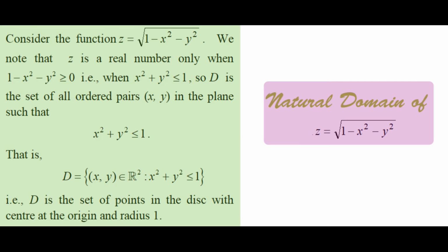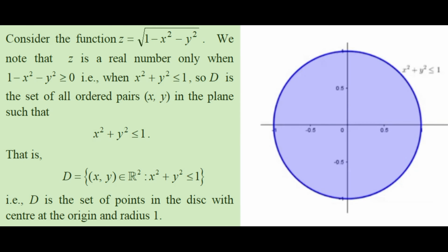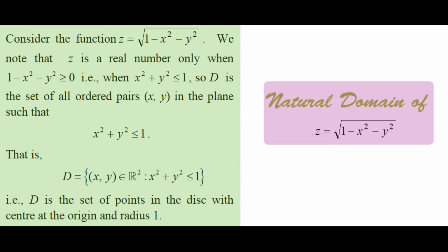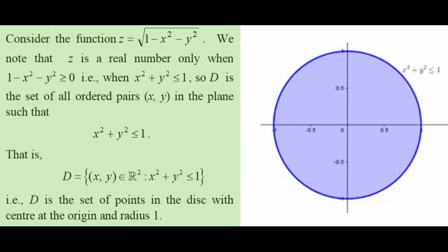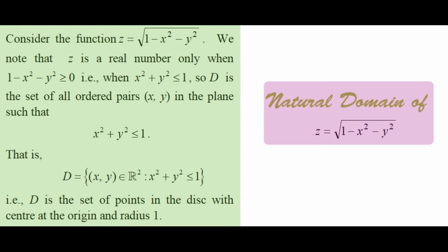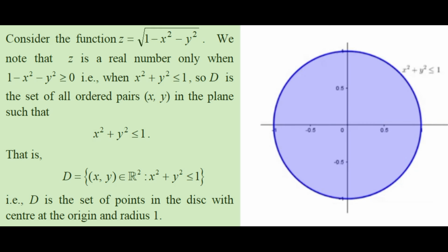As another example, consider the function z = square root of (1 - x^2 - y^2). We note that z is a real number only when 1 - x^2 - y^2 >= 0, that is, when x^2 + y^2 <= 1.